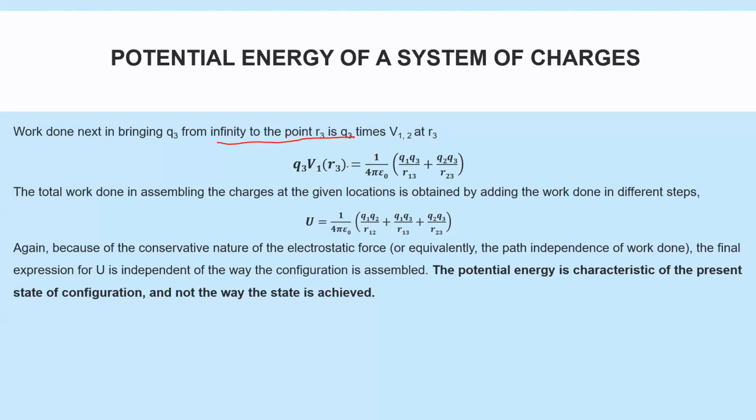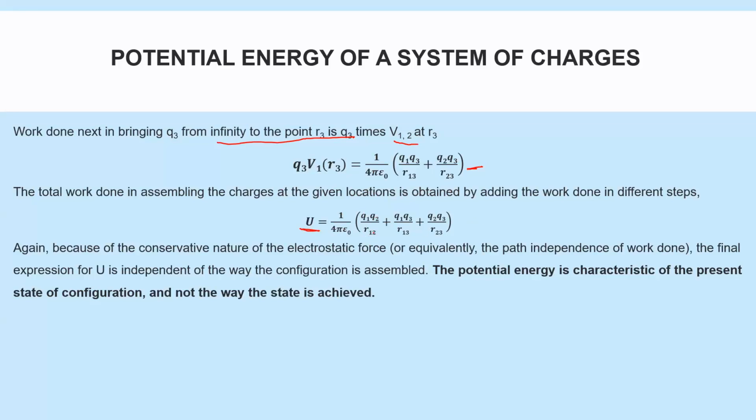So Q3 multiplied by the potential due to both charge 1 and 2 is going to be given in this form. The total work done is going to be stored in the form of potential energy in the charge now. Again, using the superposition principle, we are going to get an algebraic sum of all the potentials that we have calculated.